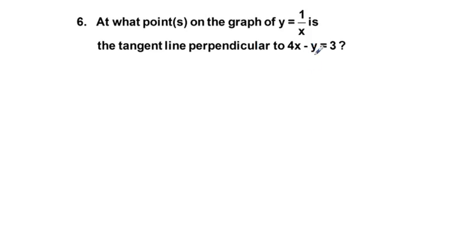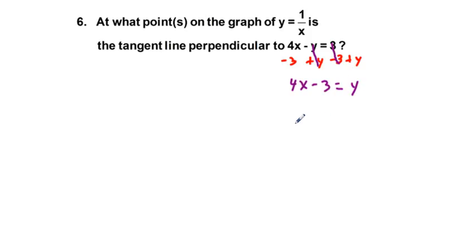If we add y to both sides of this equation and subtract 3, we have cancellation of 3 minus 3. On the left side we have negative y plus y. So we have 4x minus 3 is equal to y.